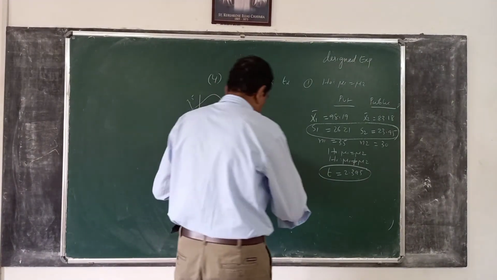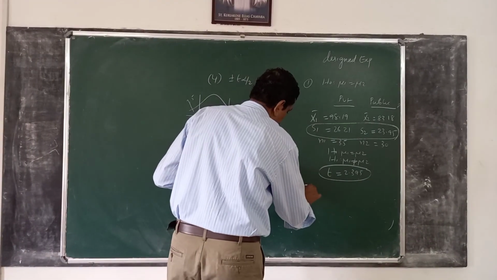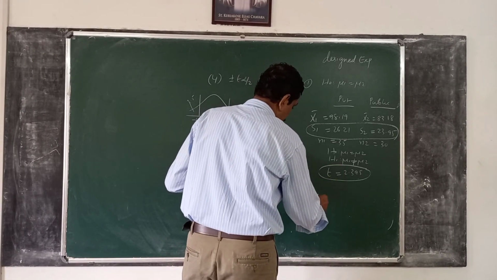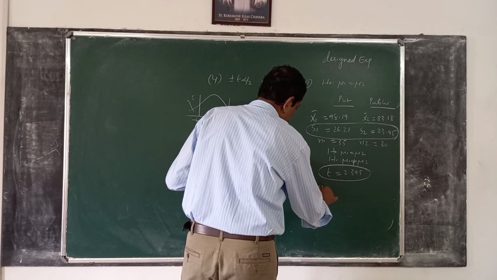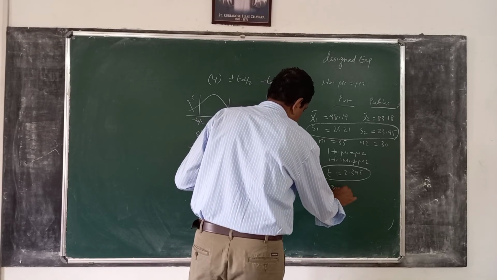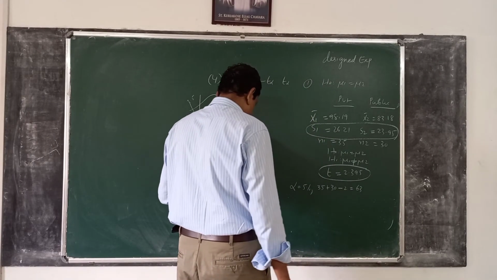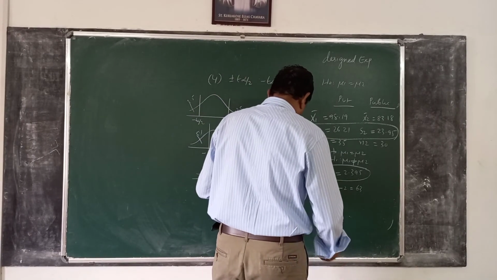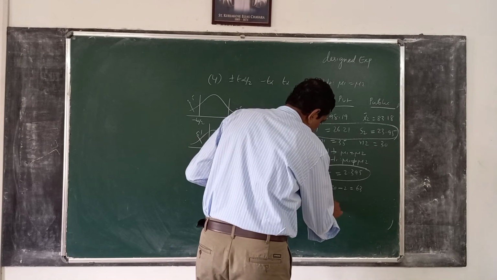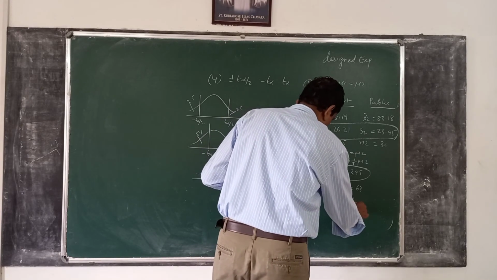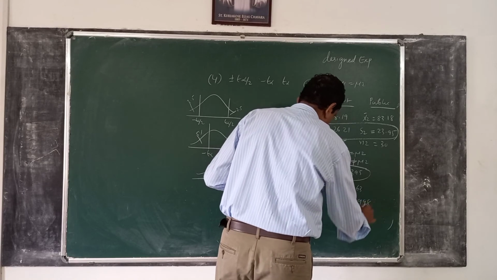And if alpha is 5%, we know that the degrees of freedom is 35 plus 30 minus 2, which is equal to 63. For 63 degrees of freedom, the t alpha by 2 for a two-tailed test is 1.998.